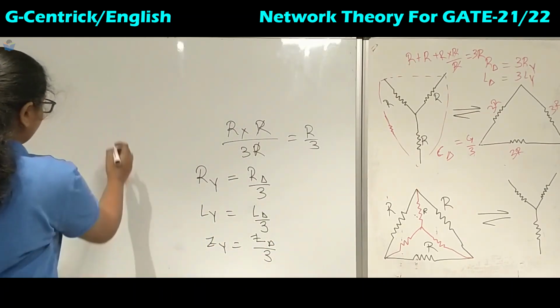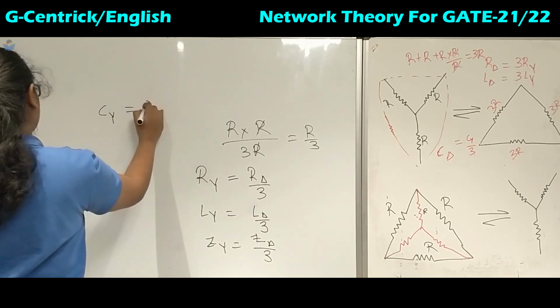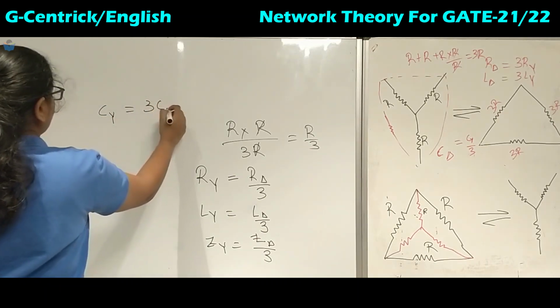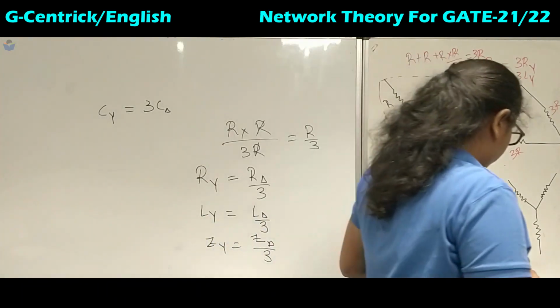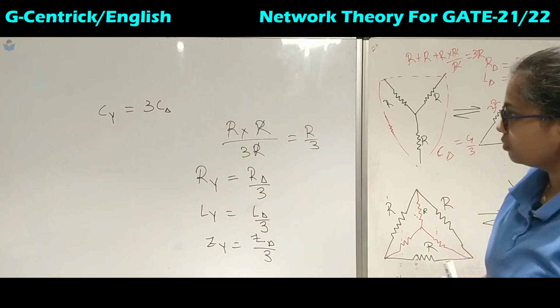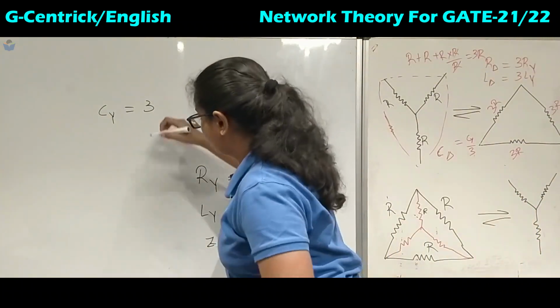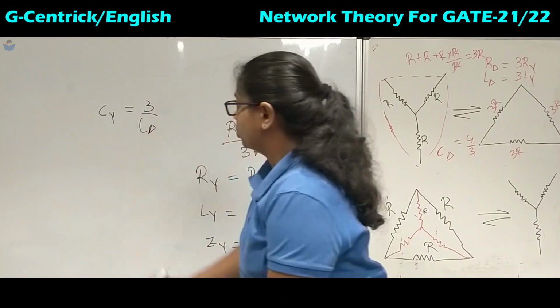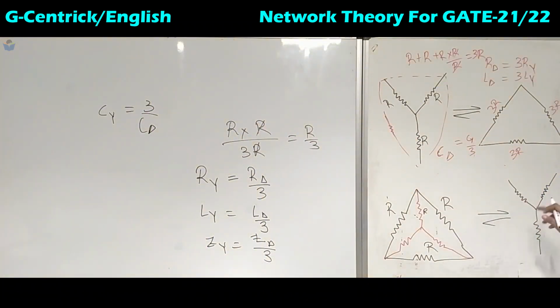Next for the capacitor, it is opposite, 3 times C delta. Okay, so this is the value. Is it C by, no, it is 3 upon C delta. Okay, so this is the conversion of delta to star.